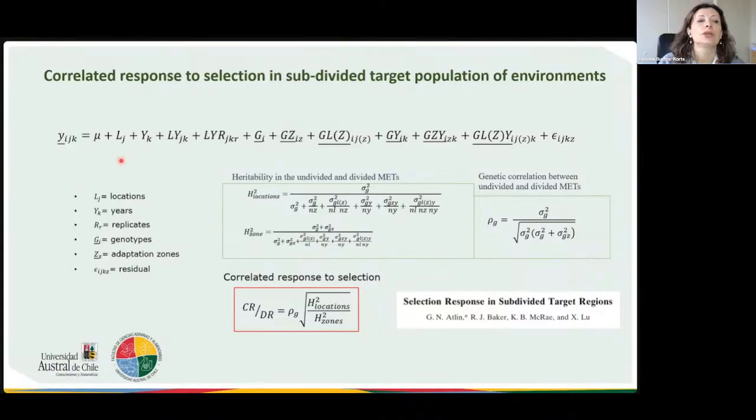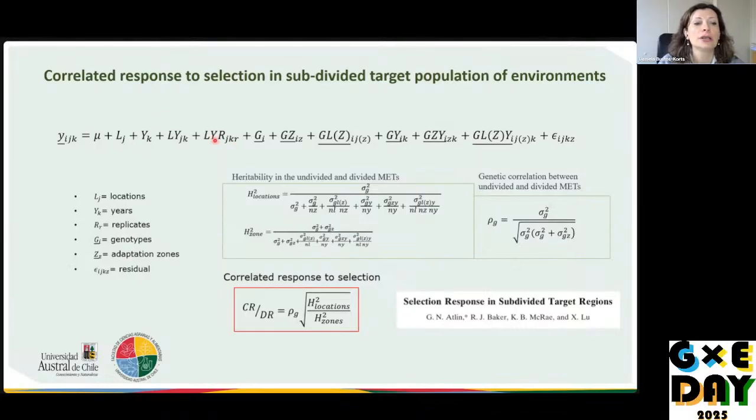So here we put it back in a fixed part that has location, year, location. And then we have the genotype, the zones, and how the zones react also or vary over years. And then we can assess to which extent the heritability, when we calculated ignoring the regions, is different from the heritability that we have when we add the regions. So the heritability with these environmental zones.